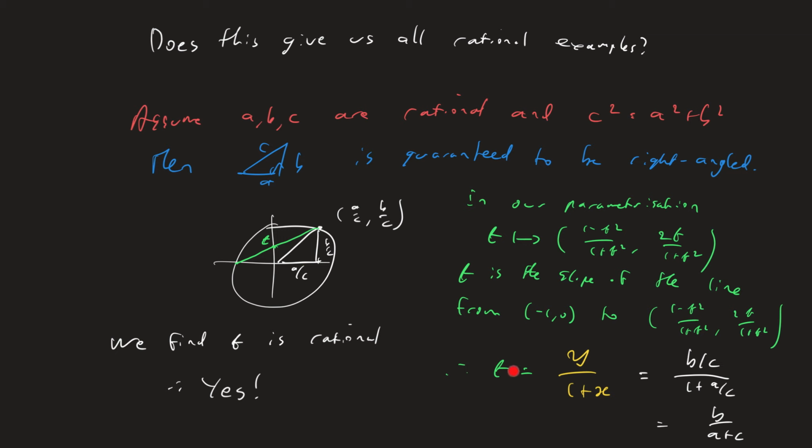We therefore see that t is equal to, in terms of the coordinates here, b divided by a plus c. So if a, b and c are rational, then t is rational, and therefore we will find this triangle using our rational parametrization from before. This is not the most efficient way of finding all Pythagorean triples, but it is certainly one way of doing it.